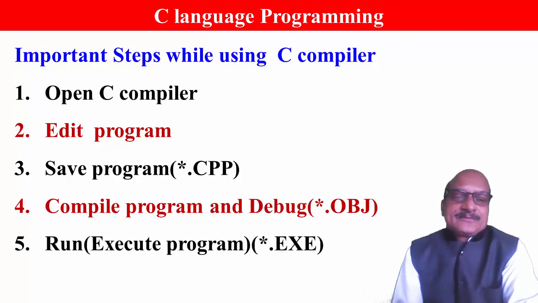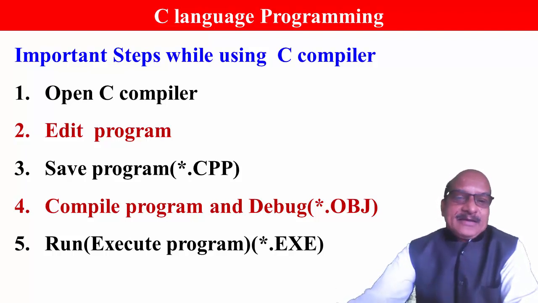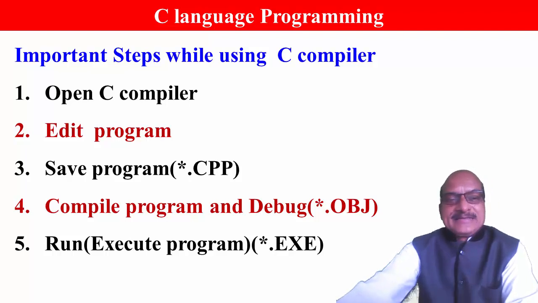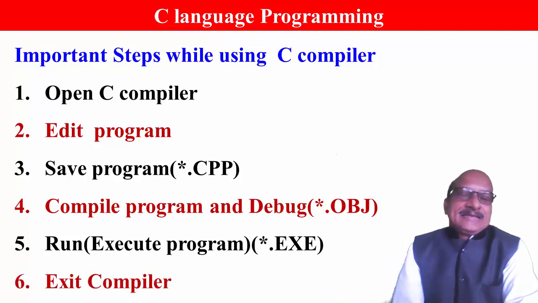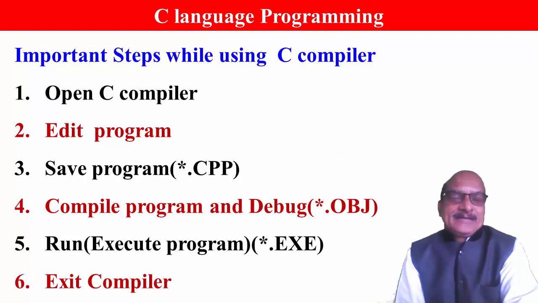And after the complete removal of the errors in your program, you now execute the program. You can run that program and you will get the answer. And the final step is to exit from the compiler. Now today I am going to explain all these steps to you in detail.